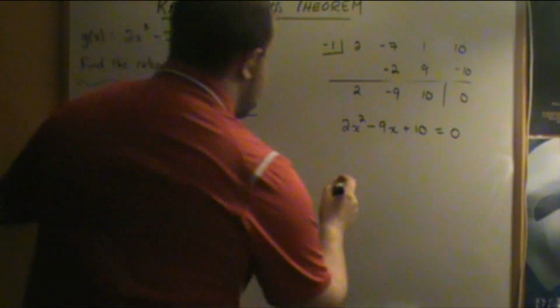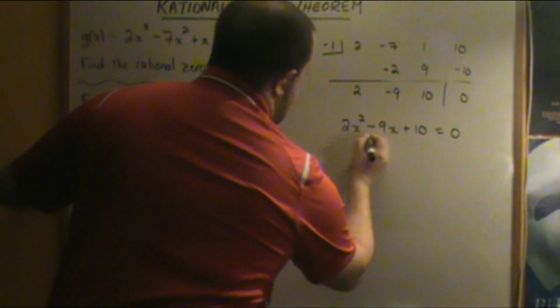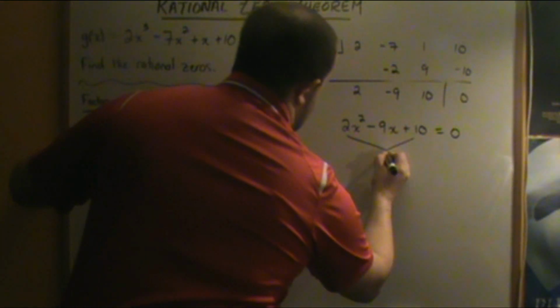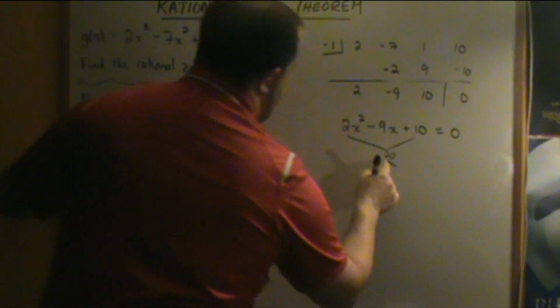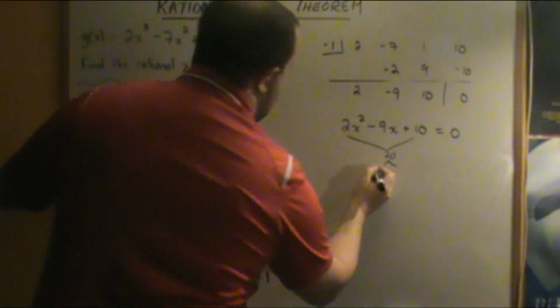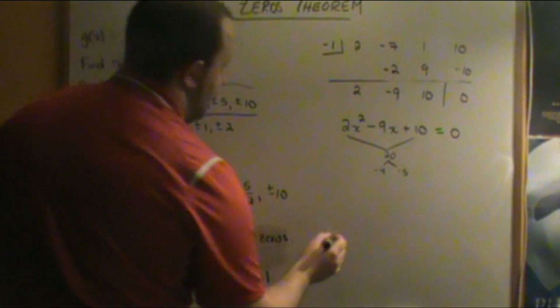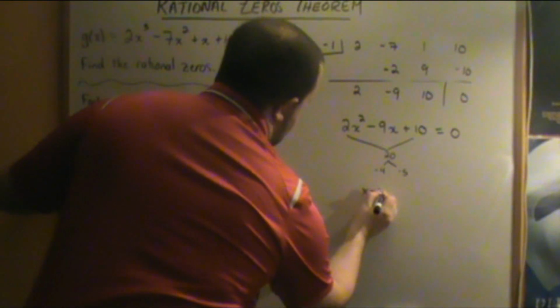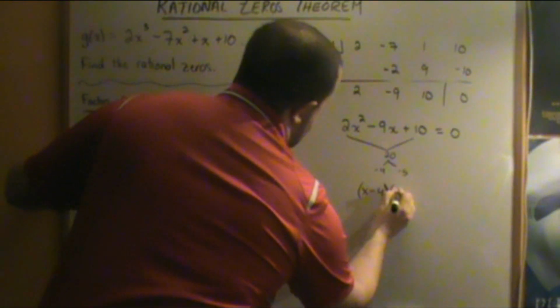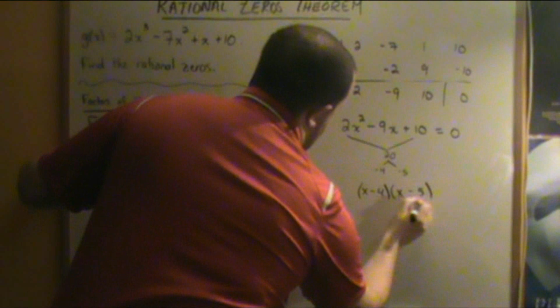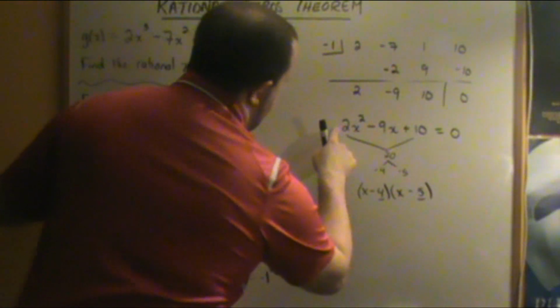Alright, and this can be factored actually. 2 times 10 is 20. Factors of 20 that add up to negative 9 are negative 4 and negative 5. So we get x minus 4 times x minus 5. Divide 4 and 5 there by the 2.